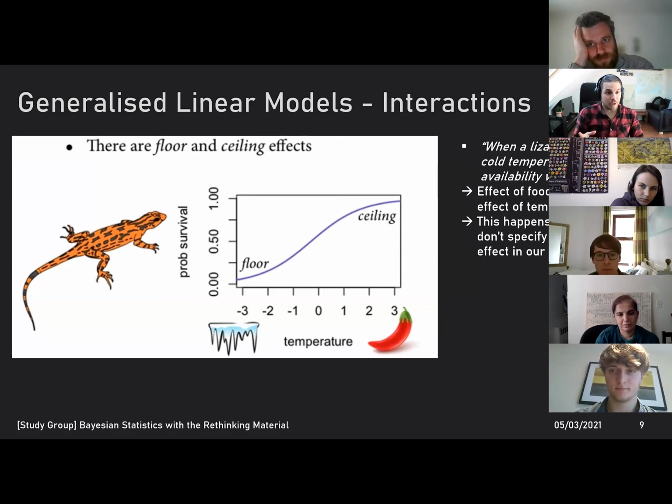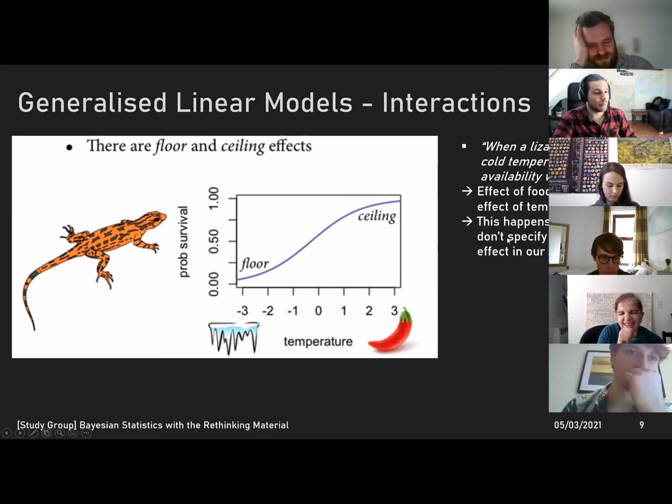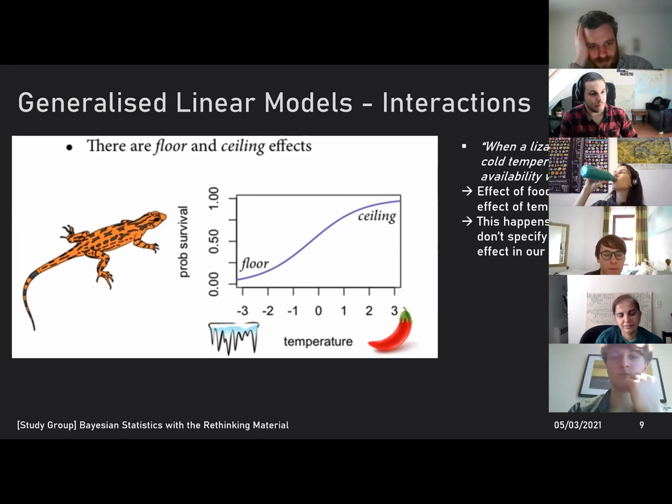So basically what is meant by this, from what I have gathered, is that there are floor and ceiling effects. And there may not be just floor and ceiling effects, there may also be effects of flattening out somewhere in the middle and then sharply rising again, or falling down. What you can see here is the probability of survival of a lizard, given temperature.